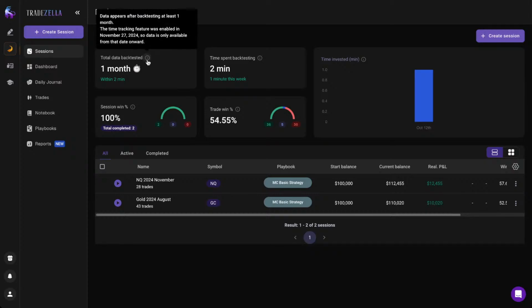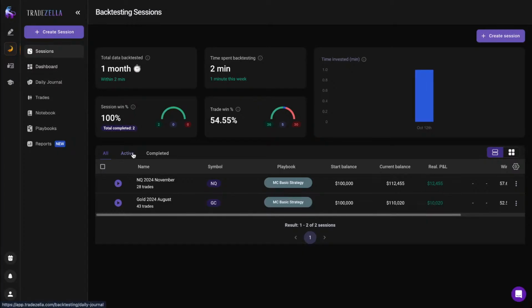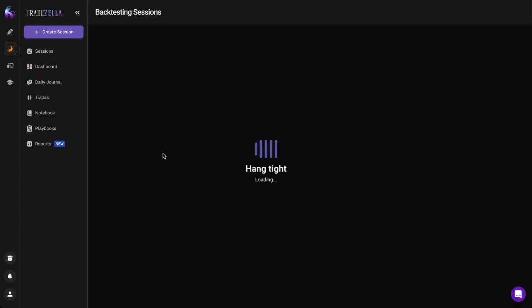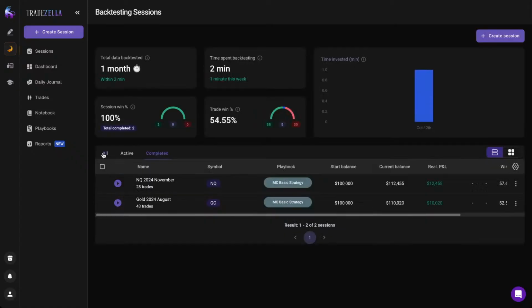Total data backtested: one month. Actually, we've done 2 months, so I'm not really sure what the malfunction is here, but you can see the evidence down here, folks. Nothing active, both completed. We're starting a new session.